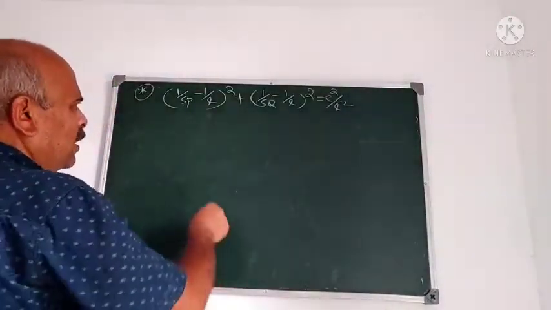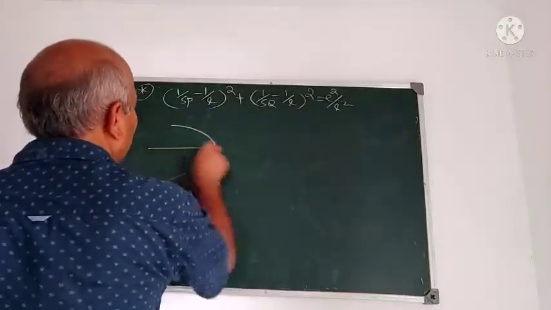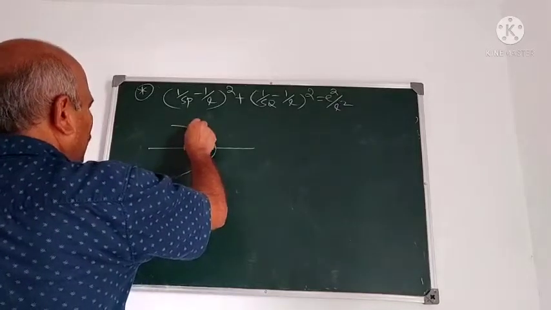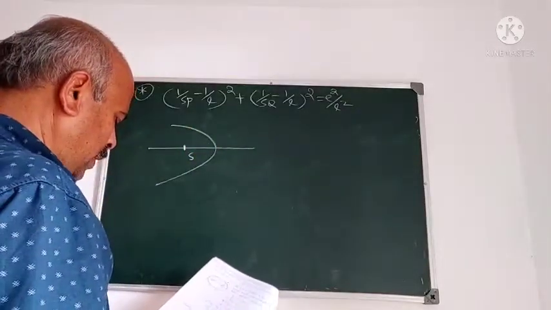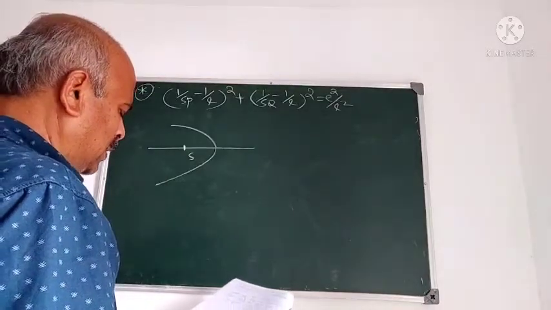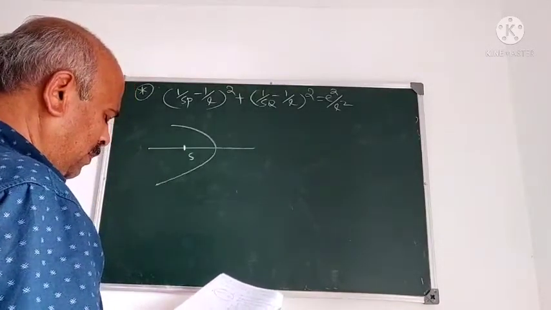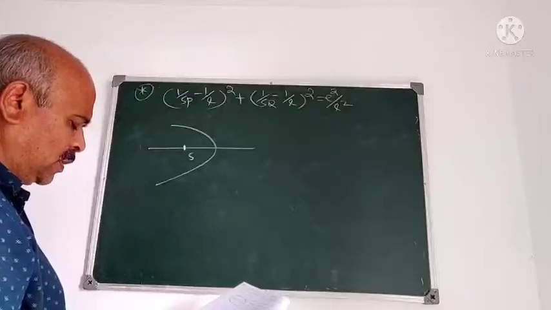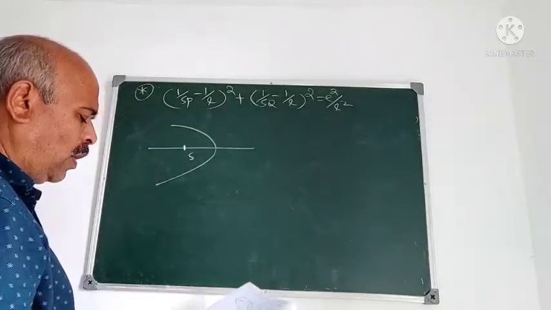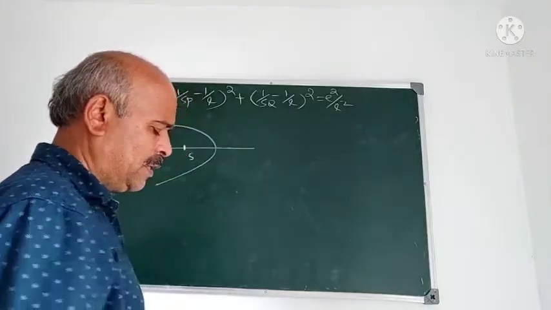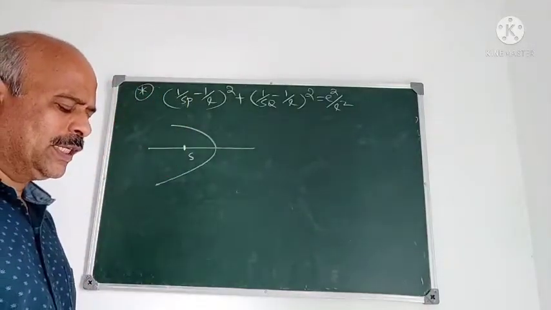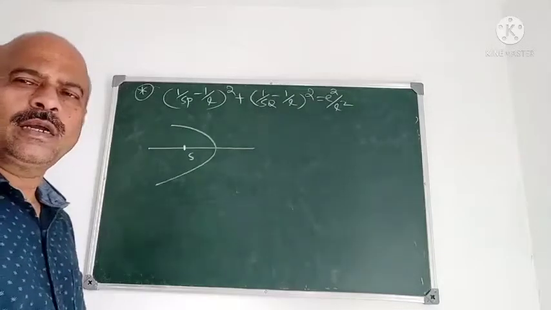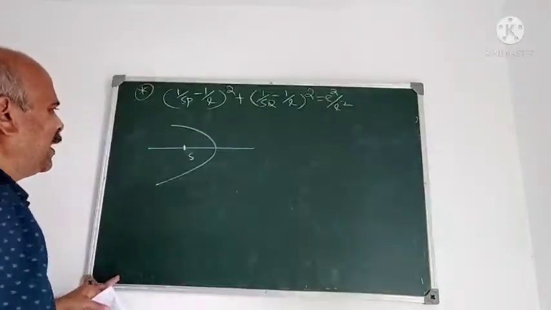Now we take any conic here. I take this as the conic. Suppose S is the focus. What is given here? A chord PQ of a conic whose eccentricity is E and semi-latus rectum L, which subtends a right angle at the focus.